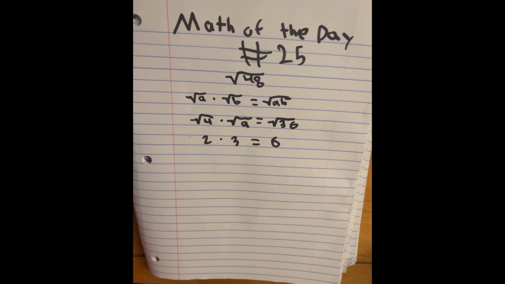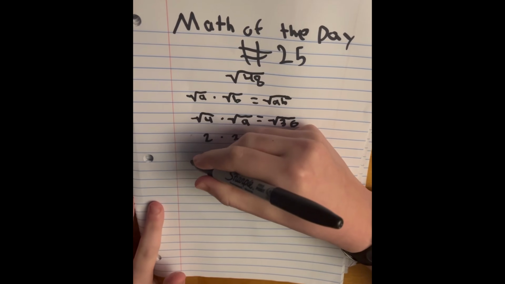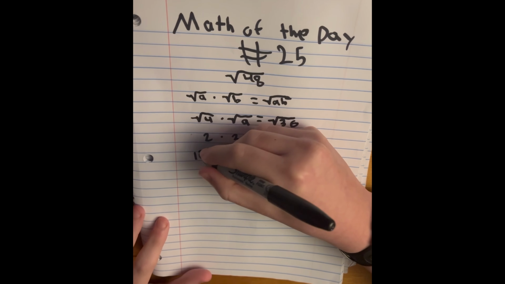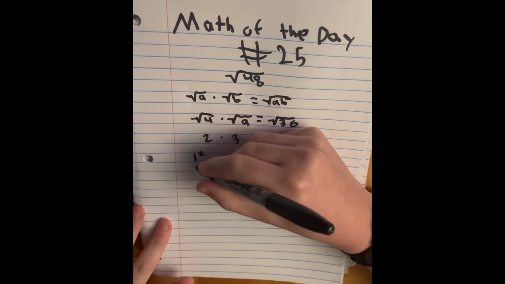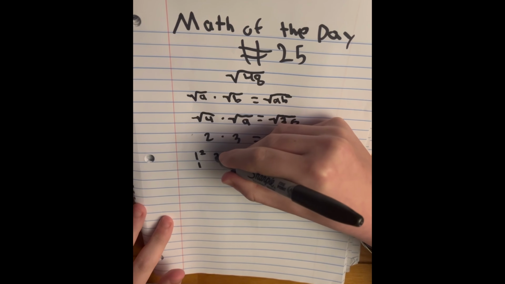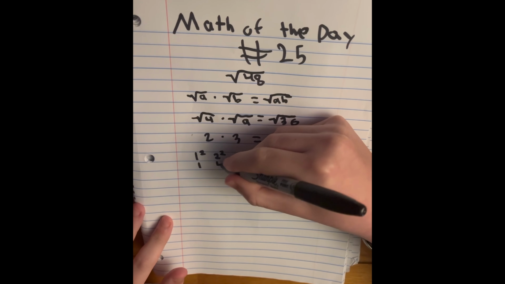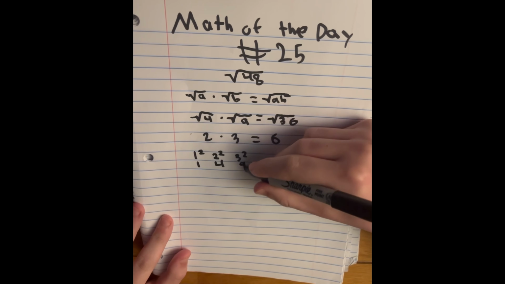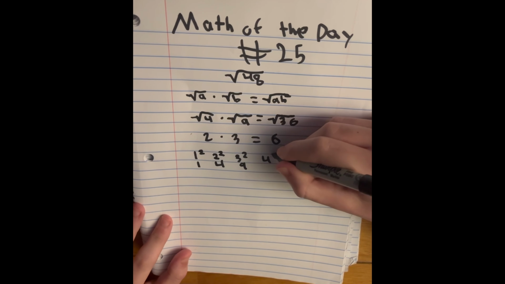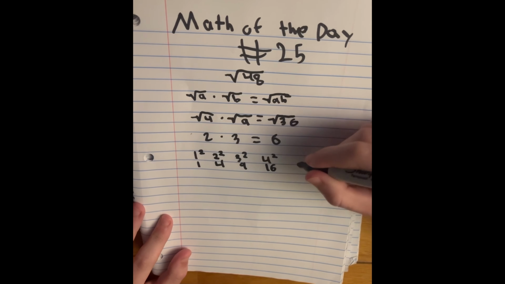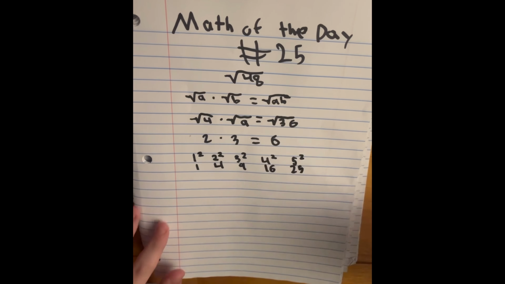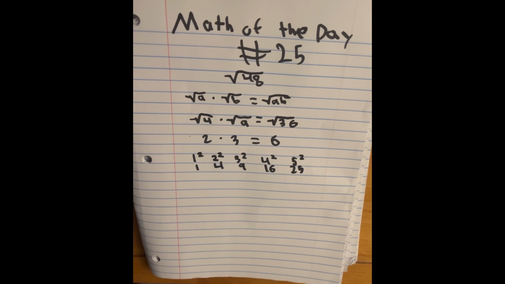The first step we're going to have to do here is write out all our perfect squares. So 1 squared is 1, 2 squared is 4, 3 squared is 9, 4 squared is 16, and 5 squared is 25, and that just keeps going on and on.